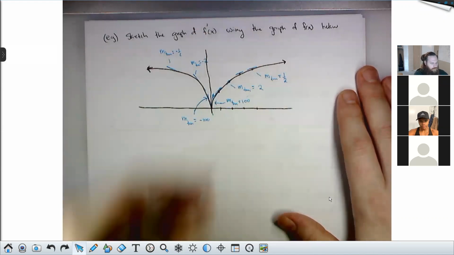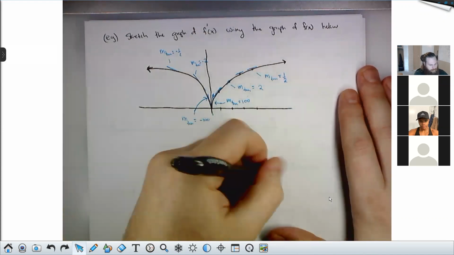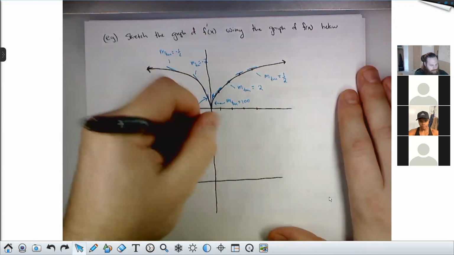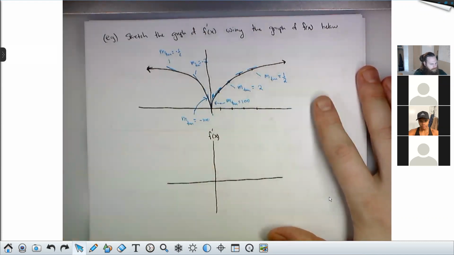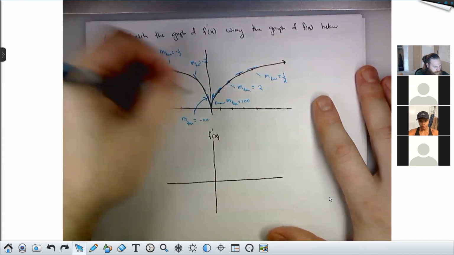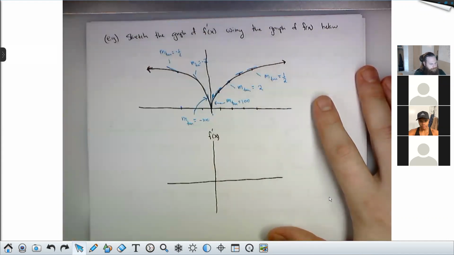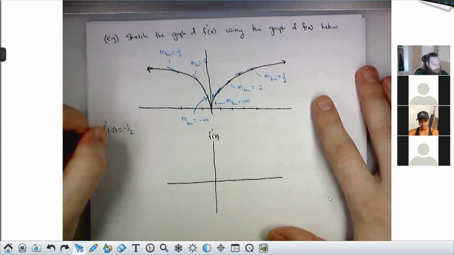So if I wanted to try and draw the graph of f prime, we'll say this is like -2, this is like -1. F prime of -2, we said, is like -1/2.